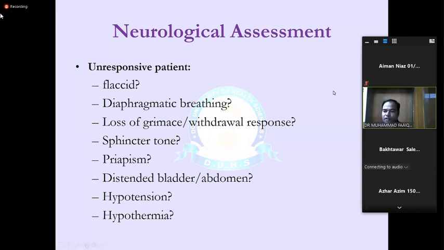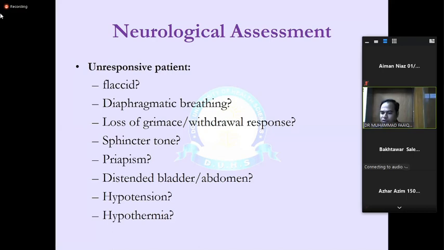If the patient's upper and lower limbs are flaccid, paralysis, and why has he developed flaccid paralysis? Maybe because of spinal shock. Abnormal pattern of breathing, abdominal breathing, because of paralysis of the diaphragm.